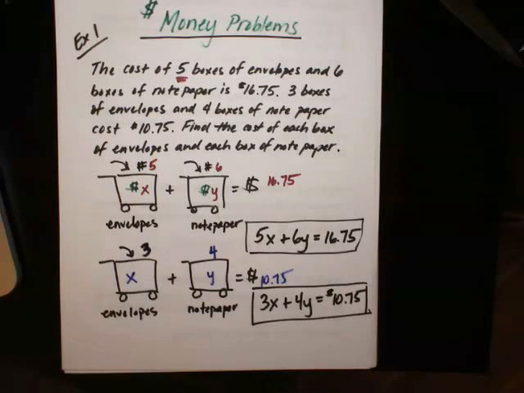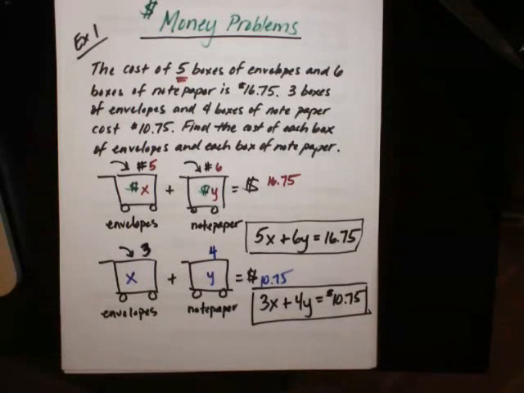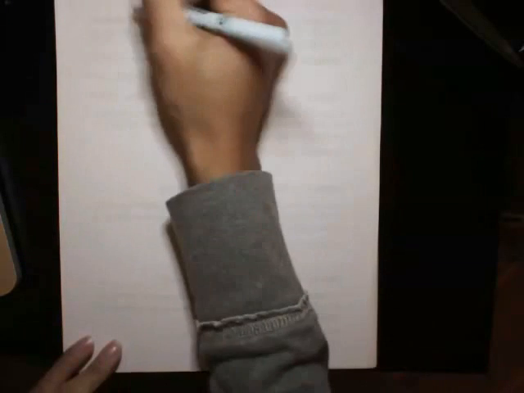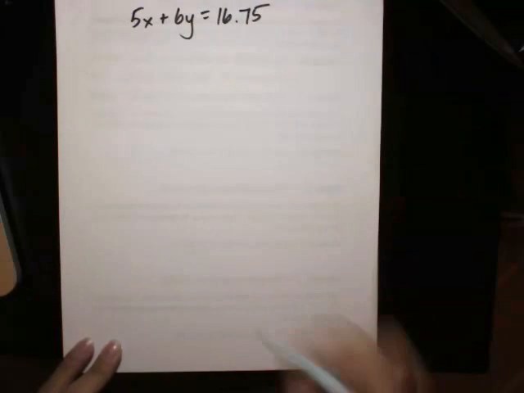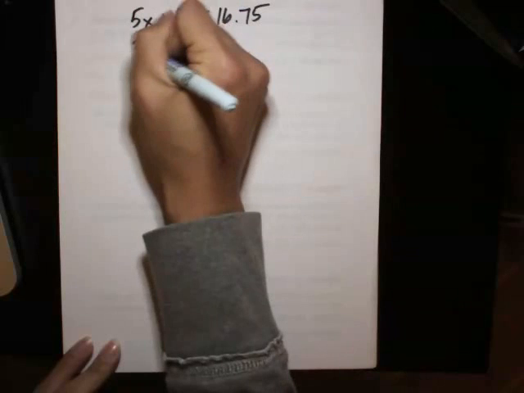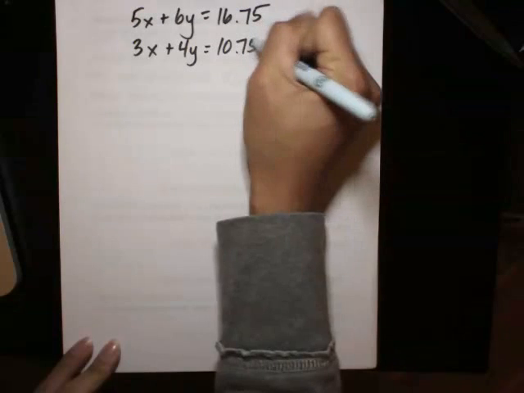We're going to use these two equations now in order to solve for X and Y. I'm going to transfer these two equations onto a separate sheet of paper. 5x plus 6y equals 16.75 is my first equation. My second equation is 3x plus 4y equal to 10.75.